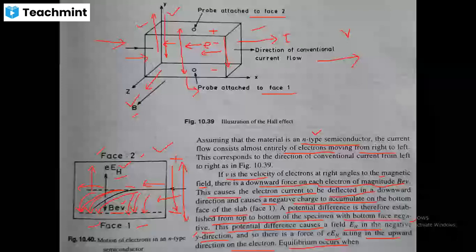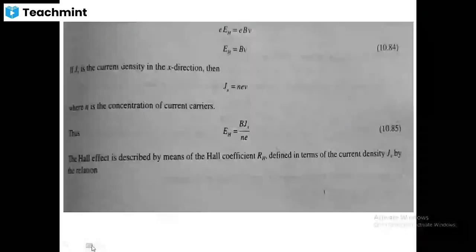So we say equilibrium occurs when eEH equals BeV. So we are equating both of them, and from this we can obtain the expression for EH. So EH equals B times V.